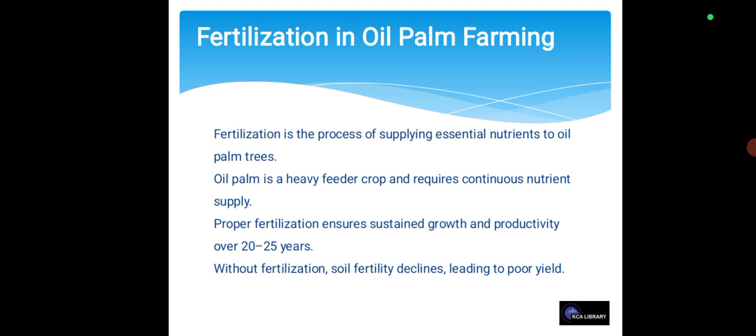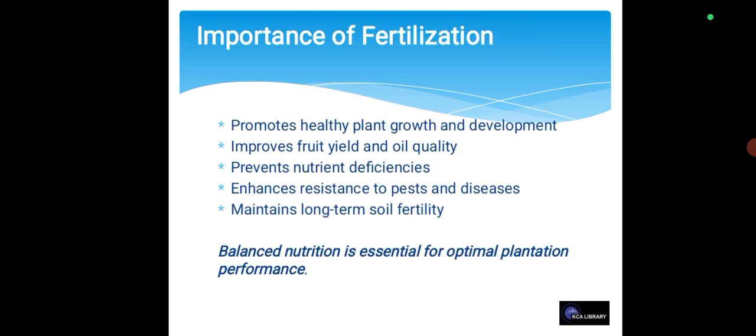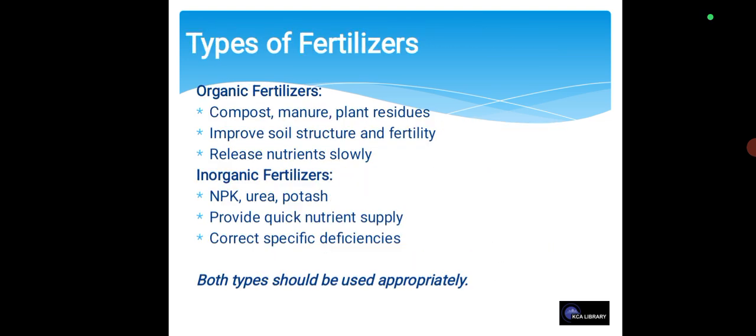Now, we have different types of fertilizers. Fertilizers are divided into organic fertilizers and inorganic fertilizers. Now, when we say organic fertilizers, these are fertilizers that are derived from natural sources, and they include materials that decompose to release nutrients slowly into the soil.